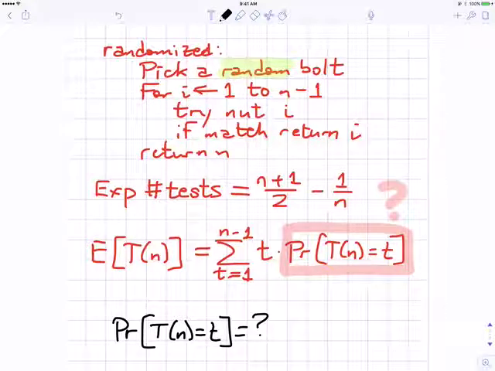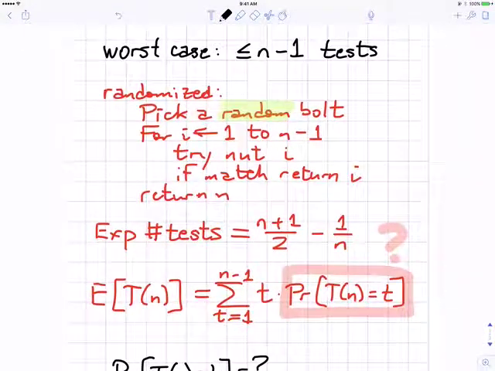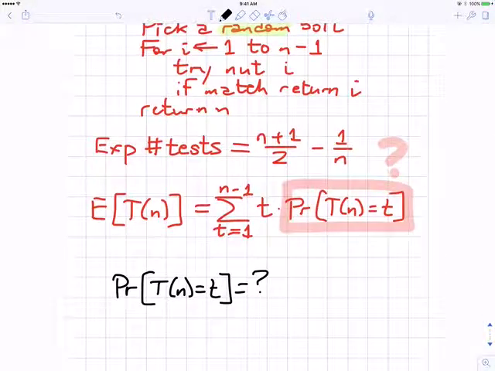And so that probability is 1 over n. What's the probability that T of n is equal to n? It's 0. The algorithm always runs in at most n minus 1 tests. It's the same algorithm, but it's never n.